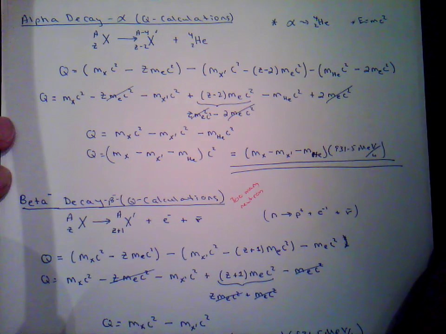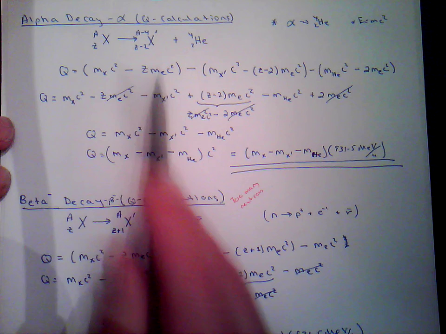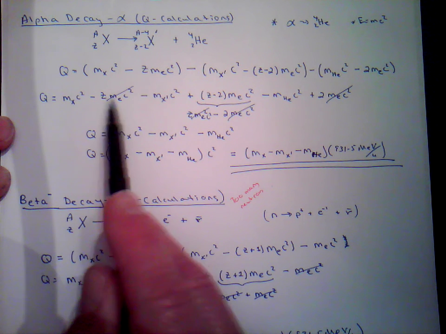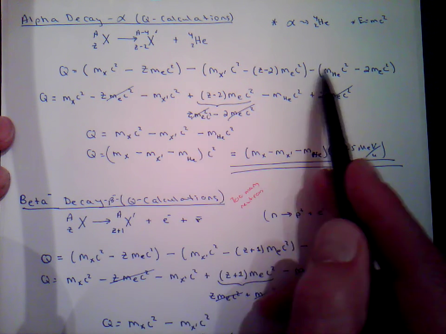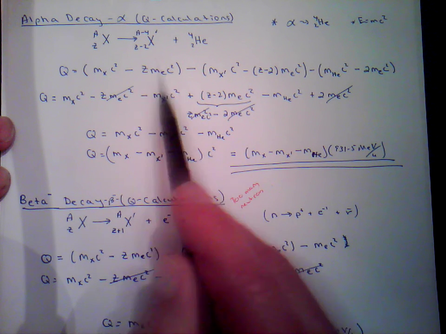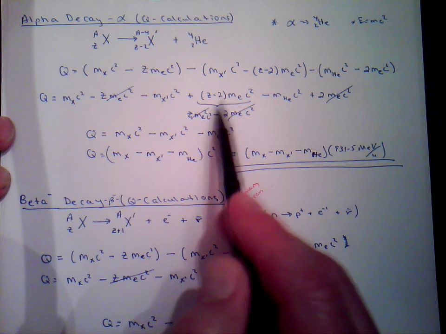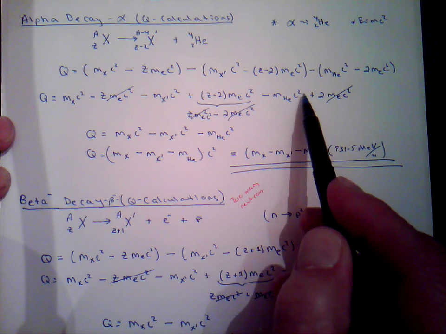But let's see how the electrons cancel out. So over here, we multiply all this out. This is the mass of the 2 electrons. We're going to expand this out. This is the mass of the daughter nucleus minus the electrons. And then this is the mass of the helium particle minus the 2 electrons on the helium particle.